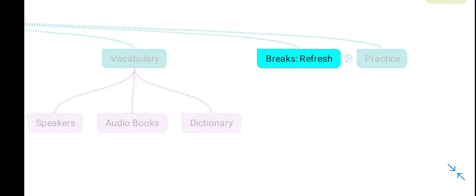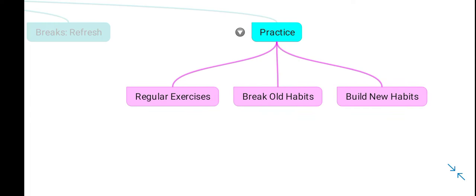One important thing is that you should take breaks if you are reading for a longer period of time in order to refresh your eyes and regain your focus. Now, the most important thing is practice.